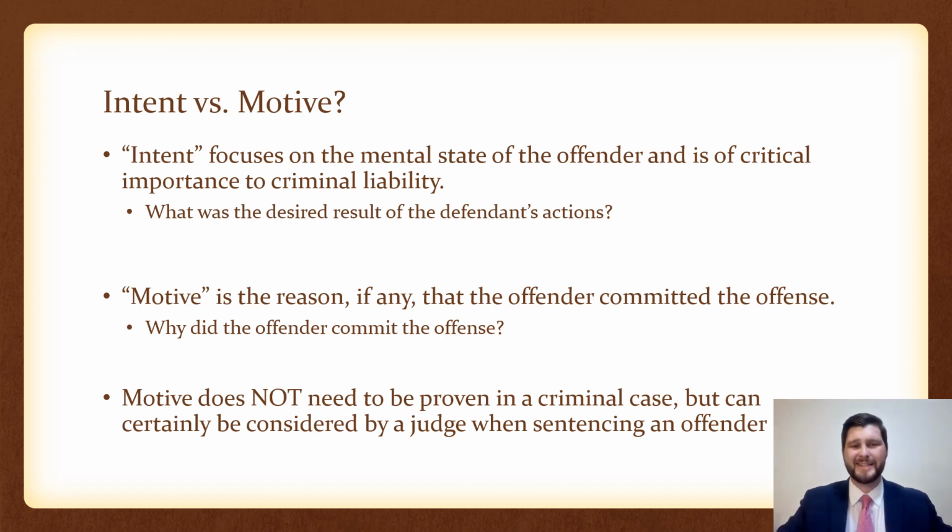Why? Because intent focuses on the mental state of the offender. And that is what's critical to criminal liability. What was the desired result of the defendant's actions, right? That's the intent. Now, it's a little bit confusing because obviously there's a desired result when somebody acts purposefully.